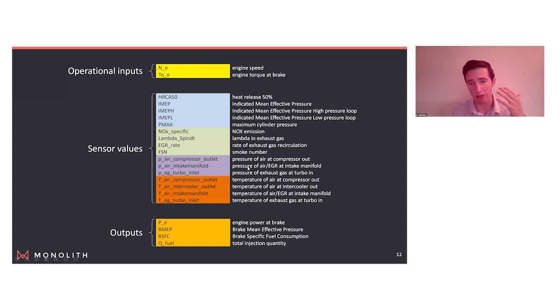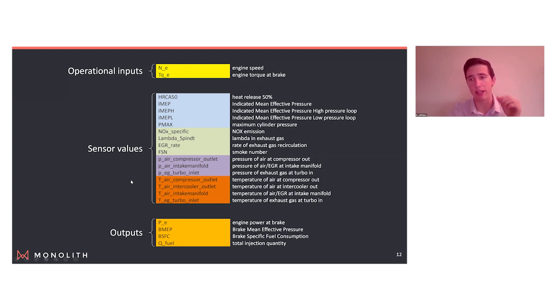So you can see you have pressure values, temperature values in different parts of the engine. So these are measured from sensors. And finally, we have the outputs, which is the main quantities of interest. And you have, for instance, the power of the engine, but also the fuel consumption.